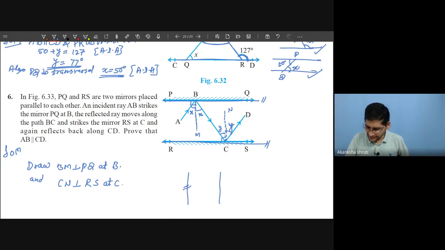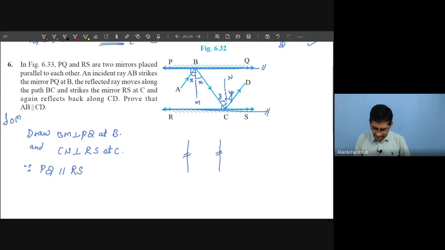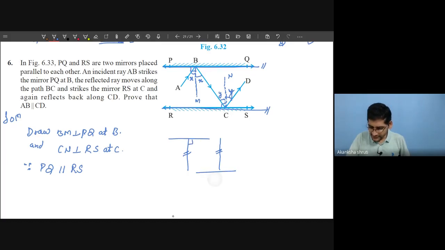This means this line will be parallel to this one, so we can write that. Since PQ is parallel to RS, the perpendicular is perpendicular to this one, and this one is parallel to this one.